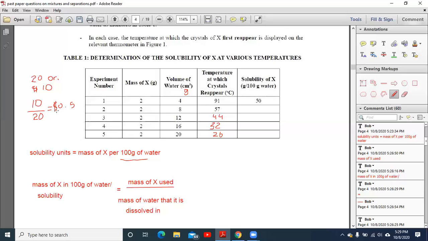What would you do to find for 3 oranges? 3 oranges will cost the same 50 cents, 0.5 multiplied by 3.